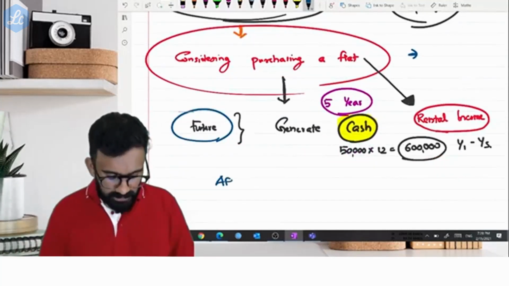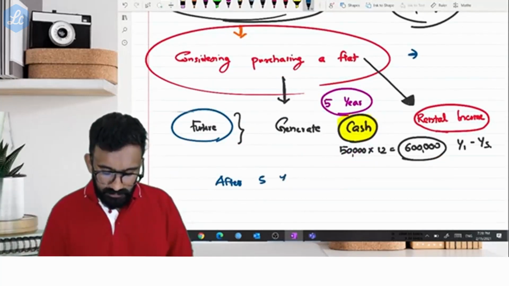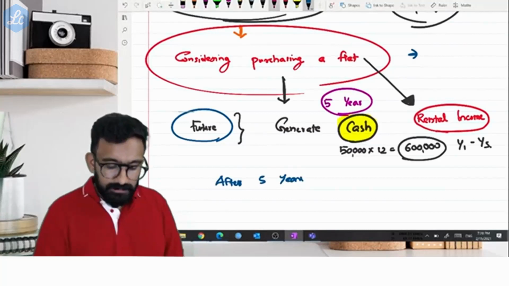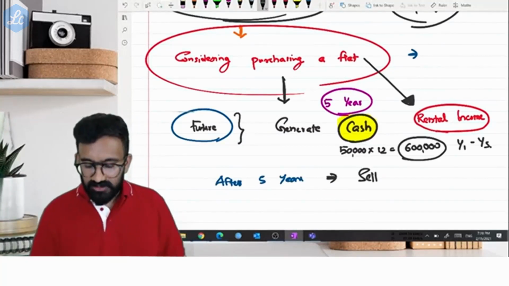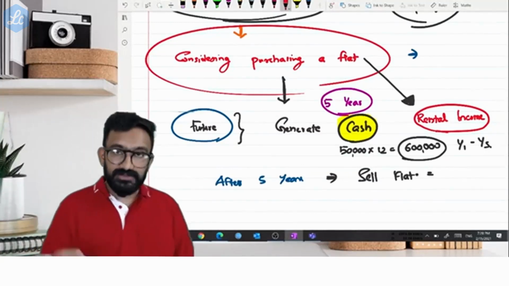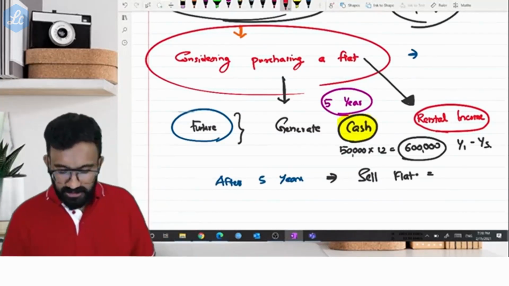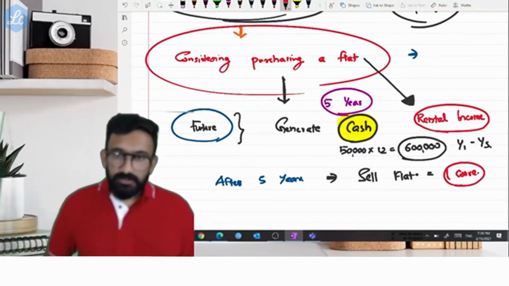After 5 years, I'm contemplating the decision to sell this particular flat. I'm assuming that when I sell after 5 years, this flat is going to be priced at 1 crore. Are you guys with me?